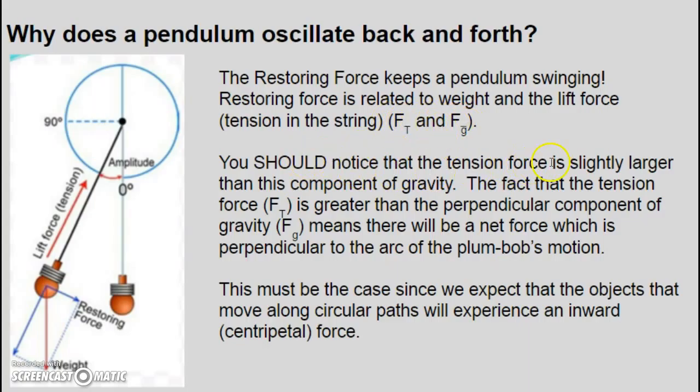You should notice that the tension force is slightly larger than the component of gravity. The fact that the tension force is greater than the perpendicular component of gravity means that there will be a net force which is perpendicular to the arc of the plumb bob's motion. This must be the case since we expect that objects that are moving along circular paths, right, this is moving along a circular path as it oscillates, will experience an inward or centripetal force.